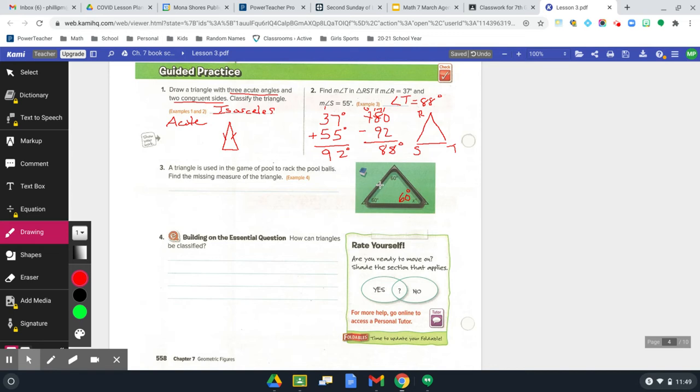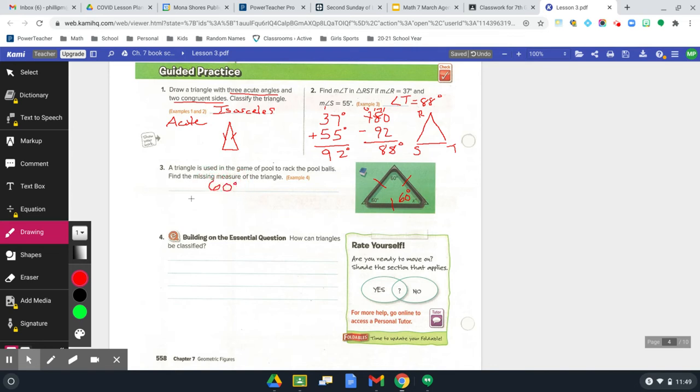So this type of triangle right here, and I'm going to draw these tick marks like that. That's an equilateral triangle. So equilateral triangles have those sides that are the same, congruent sides, and all three angles are congruent. So your missing angle measure was 60.